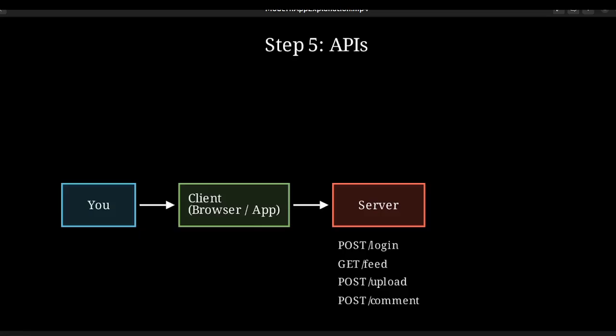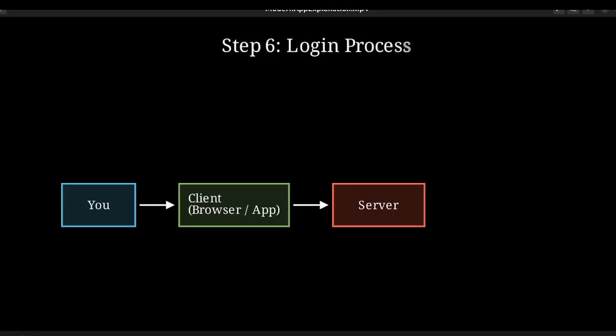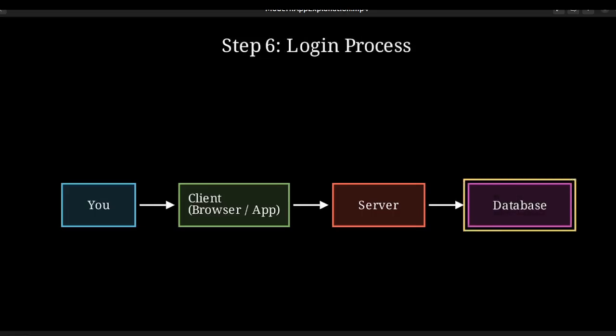So the API acts as a middleman between the client and the server. The server tells the browser: if you want to log in, go to the login endpoint; if you want to get the feed, go to the feed endpoint. These are the API's endpoints. And now we are going to see how things work.